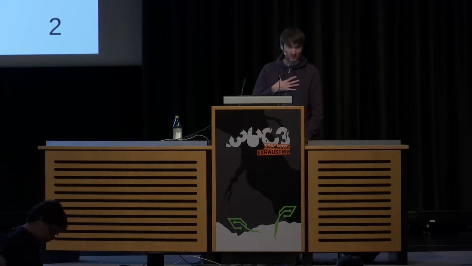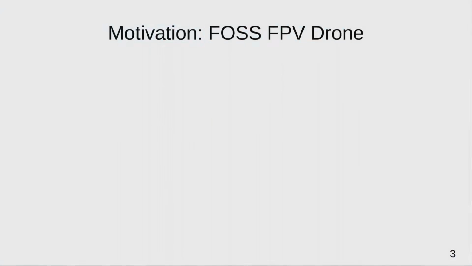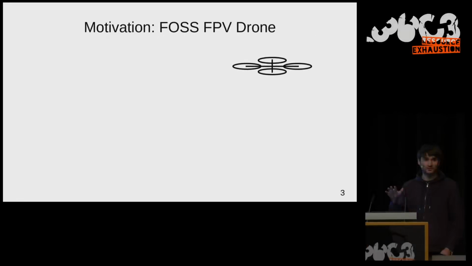So, my personal motivation, and a rather good example of an application for this technique, is if you would want to build a free open source first-person view drone. This can be any type of drone. I just depicted here a quadcopter, could be a land-based drone, doesn't matter.